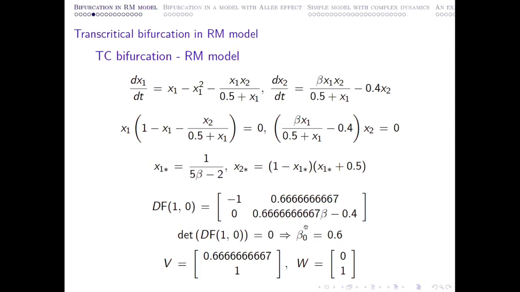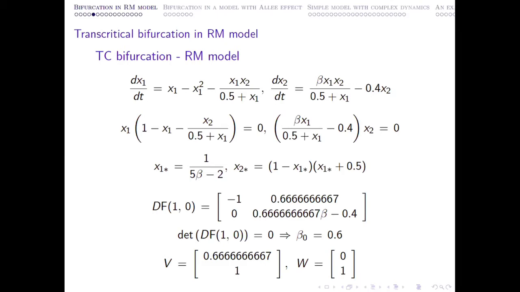Once you have this value beta 0 equal to 0.6, you can substitute here, and then you find your capital V is this eigenvector, W equal to this eigenvector. But one question might be coming to your mind: instead of this one, you may consider some other format, so whether the results will vary or not.